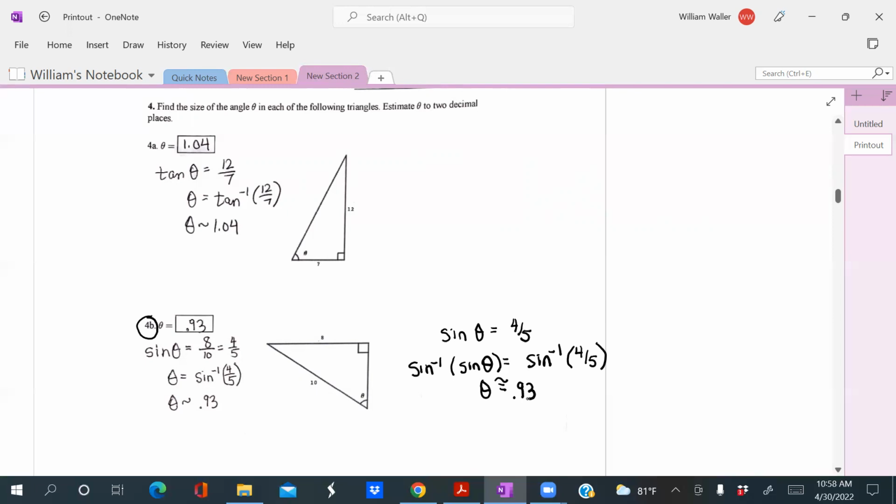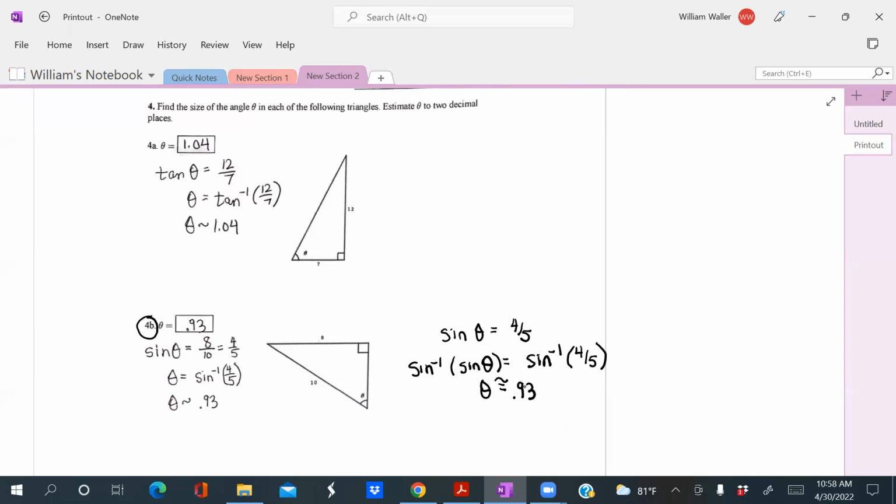The range for the inverse cosine is 0 to pi, as we saw in the previous problem, but the range for the inverse sine function is minus pi/2 to pi/2, and 0.93 is between minus pi/2 and pi/2. Actually, it's between 0 and pi/2. This is an acute angle, between 0 and 90 degrees, because it's part of a right triangle. So we know 0.93 must be the correct answer.